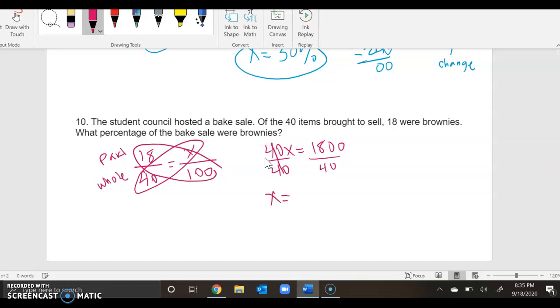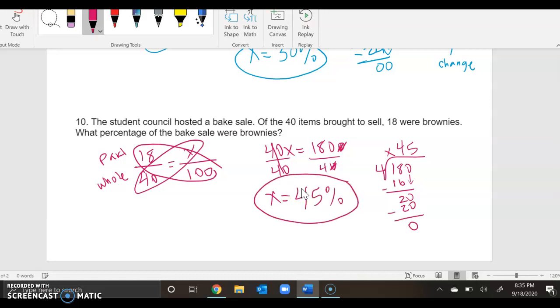That will leave us with X. We can take away a 0 from the top and the bottom, but we still have to divide 180 by 4. 4 will not go into 1, but it will go into 18 4 times. That gives us 16. Subtract, we're left with 2. Bring down our 0. 4 times 5 gives us 20, and we're done. So we know that 45% of the items in the bake sale were brownies.